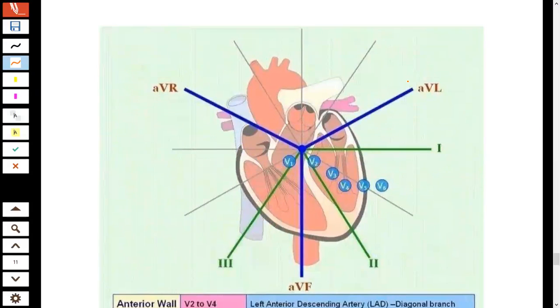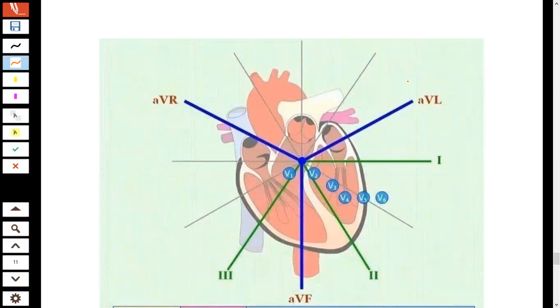Now here we can see which part of the heart is shown by which leads. If we talk about leads 1 and AVL, what could you see in this direction? You will see the lateral surface of the heart.